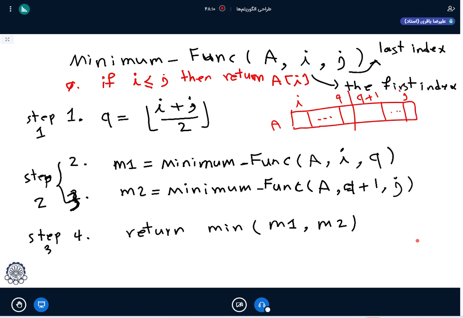Your friend asks me to explain page 40 of the book. Let me open the book. Okay. Let me share my screen.